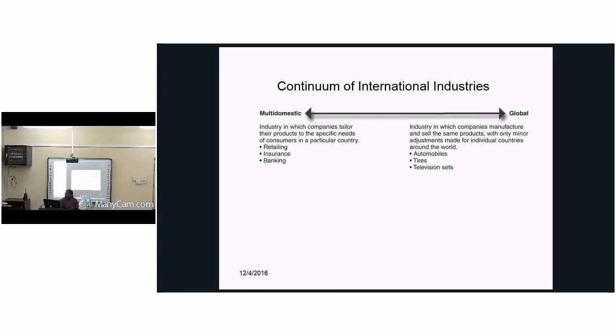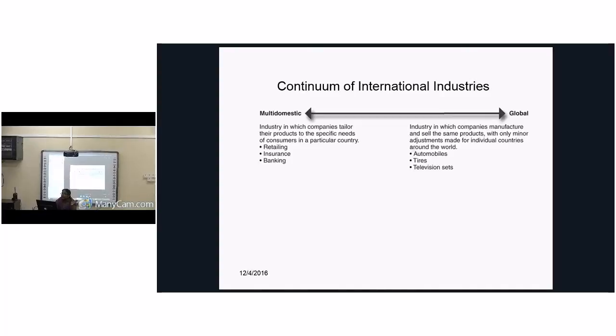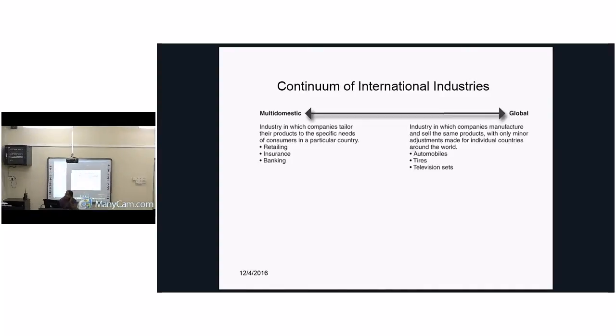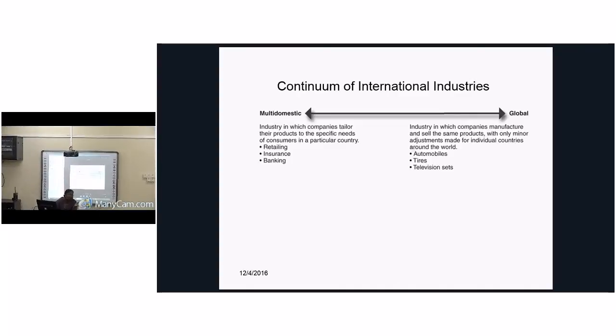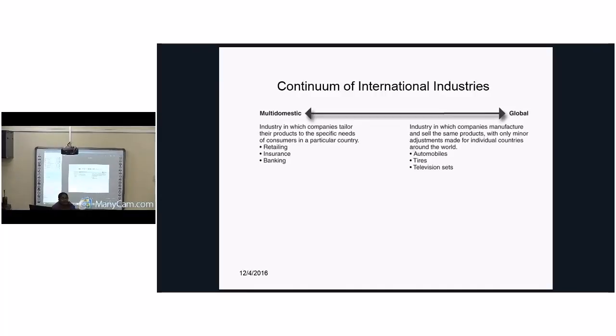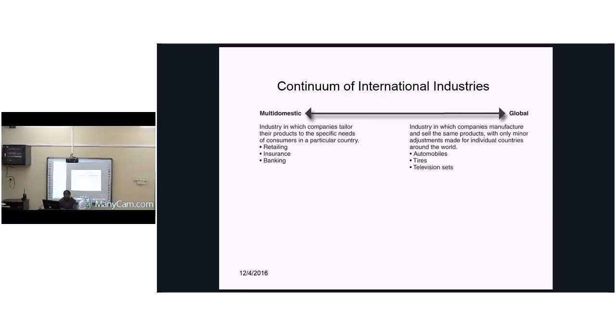Another way you can understand the influence of these forces is based on international industries. You have multi-domestic companies and global companies. In multi-domestic companies, you are doing very basic activities.